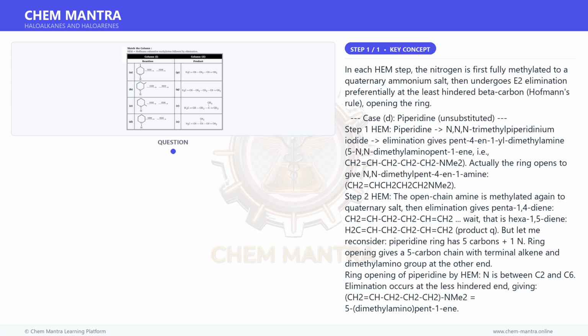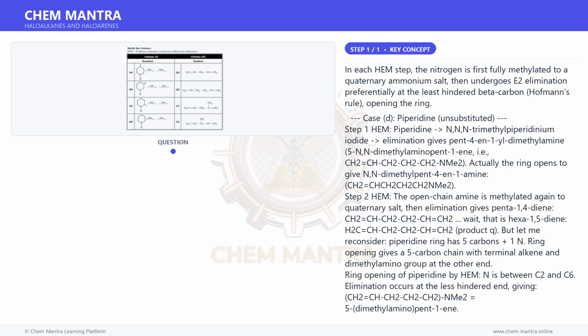Case A, 4-methylpiperidine. The methyl is at C4, para to N. Ring opening by first Hofmann elimination at less hindered beta carbon gives an open chain amine. The ring has C4 bearing a methyl. After 2 Hofmann steps, the product should be a diene with a methyl branch at the middle.